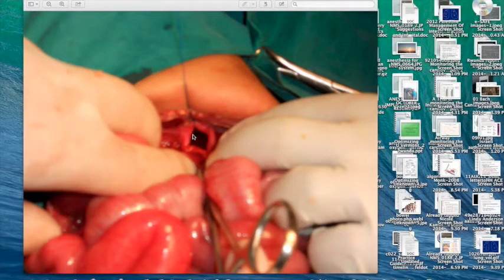It was a Bochdalek, but the child had a fully hypoplastic left lung, and it was repaired by a German surgeon named Dr. Friedrich Jan, who lives in Rwanda. As you can see, the defect is here, and it was a posterior defect because the anterior part of the diaphragm would have been about here.